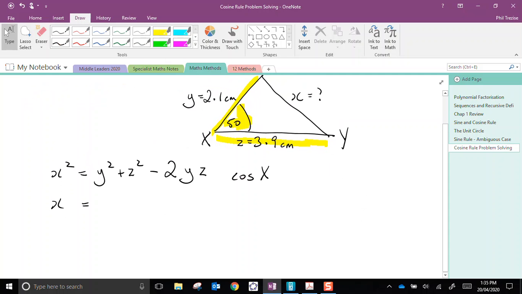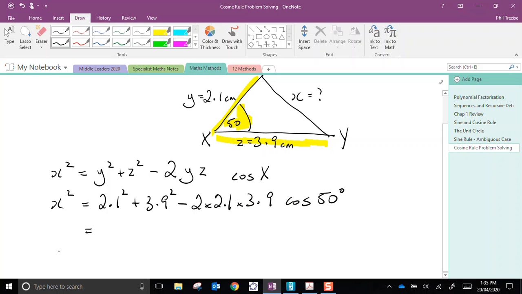y equals 2.1, z was 3.9, minus 2 times 2.1 times 3.9 times the cosine of 50 degrees. I should have still had squared on that, shouldn't I?